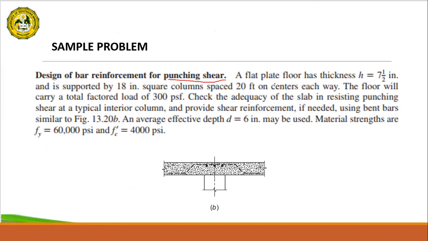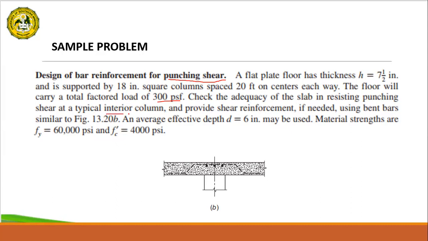So we have here a flat plate floor, has a thickness of 7.5 inches and is supported by 18 inches square columns, spaced 20 feet on centers each way. So the floor will carry a total factored load of 300 pounds per square foot. Check the adequacy of the slab in resisting punching shear at a typical interior column.